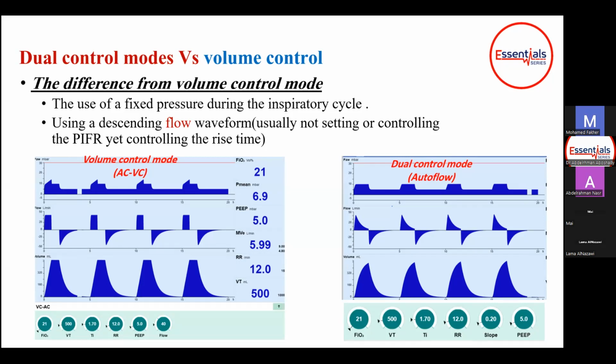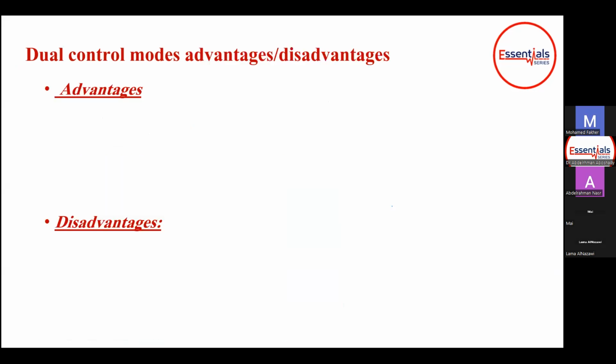In every volume control mode, the doctor sets up the tidal volume and the flow, the peak inspiratory flow rate. It's not called volume control mode if you do not set the flow. But in the dual control mode or the AutoFlow, you do not set a peak inspiratory flow rate. Instead, you just set the rise time, which is an indirect control of the flow.